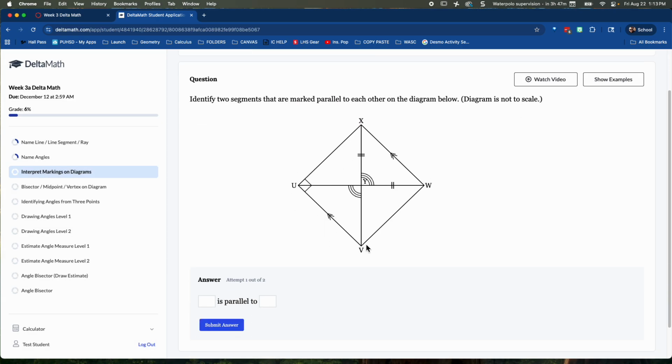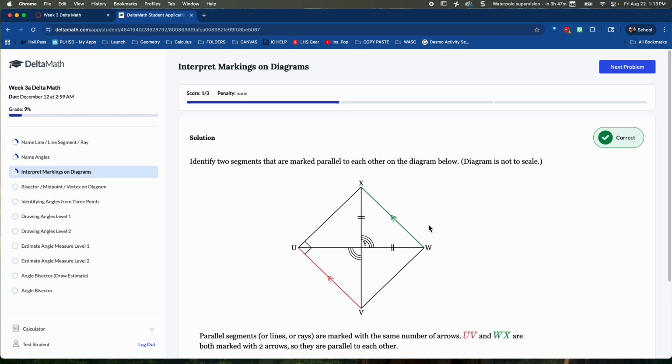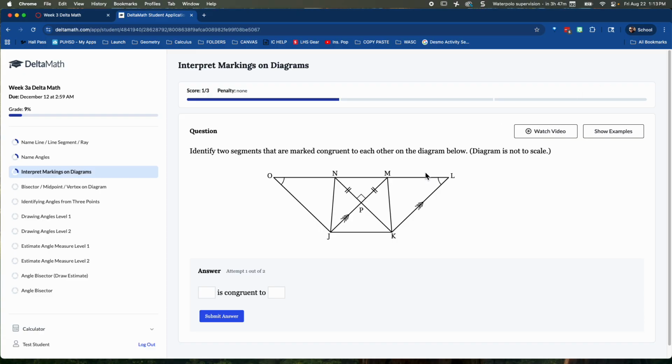So let's try to answer this one. We have UV and XW. So UV and XW are both parallel because they have those arrow markings. I'll continue on, see if I get a different one. Now it's saying which markings are congruent, and it wants segments. So I need to find 2 segments.